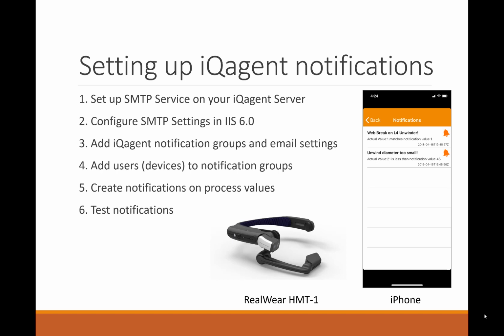Then we're going to add some users to notification groups so we can select who gets notified. And then we're going to create notifications on actual process values. So we're going to look at a Boolean web break, and we're also going to look at an unwind diameter to notify us when it falls below a certain level. And then we're going to test it on our RealWear 1 and our iPhone.